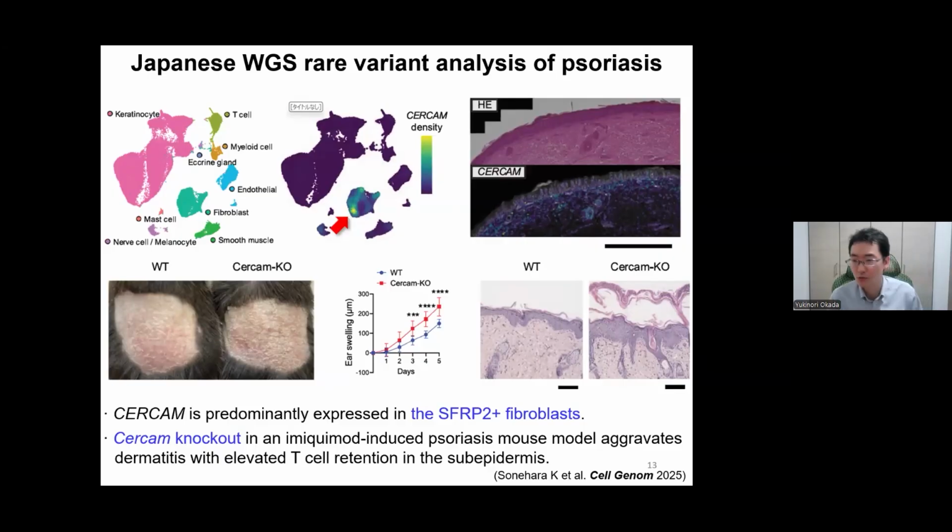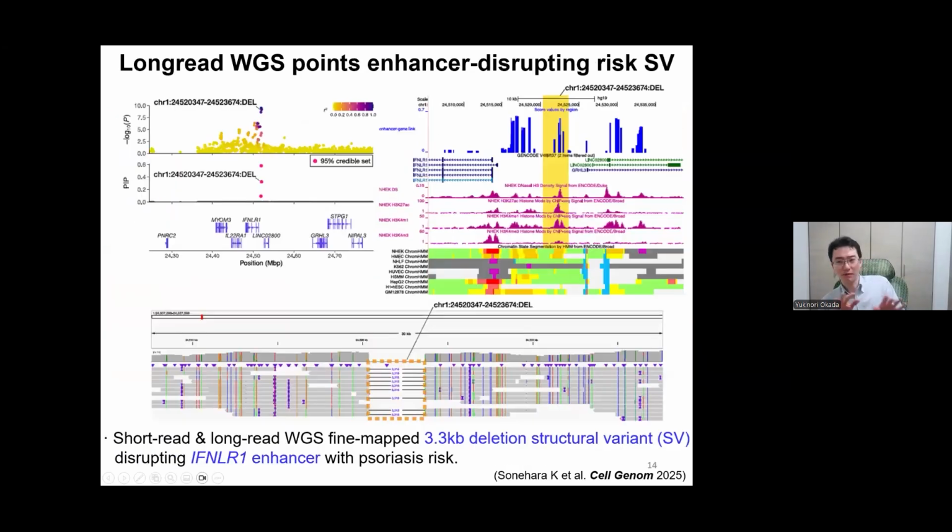I want to say that rare variant association studies with genome sequence can give new genes which haven't been implicated in GWAS. We also conducted fine mapping of the GWAS signals by using short and long read sequence data. For example, we found a GWAS hit in the interferon receptor gene, a famous immune gene.